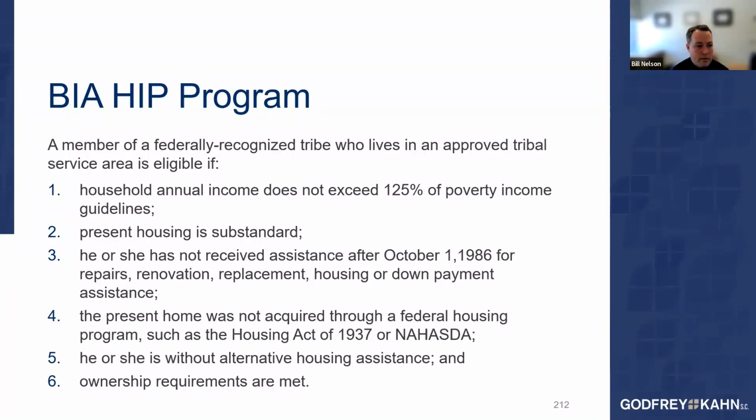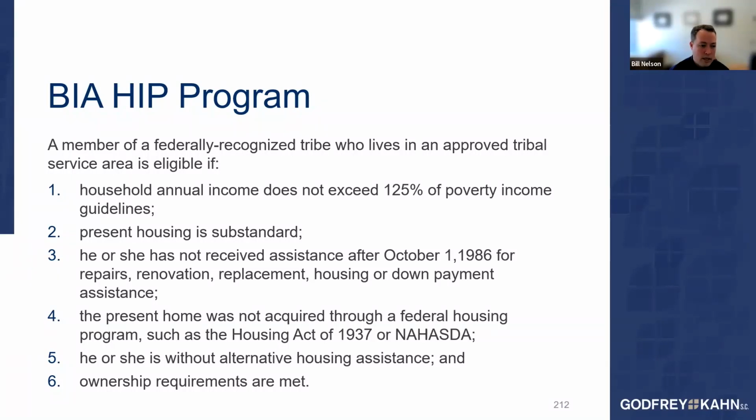And we have listed some criteria here in the slide for eligibility. And again, these eligibility criteria are found in the handbook. So you need a housing annual income that doesn't exceed 125% of poverty income guidelines. The present housing is substandard, deficient in some way.